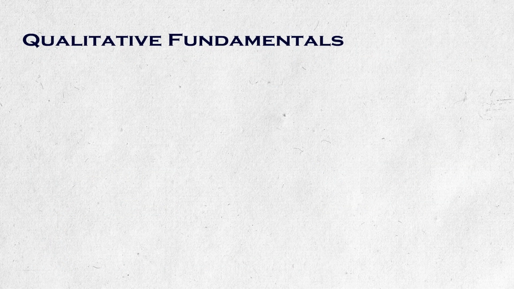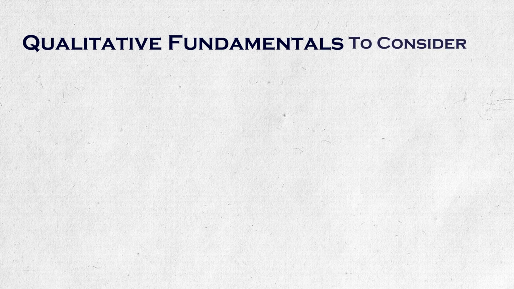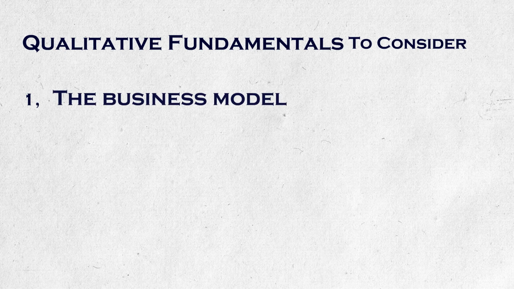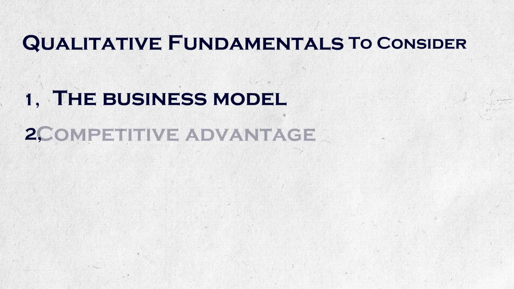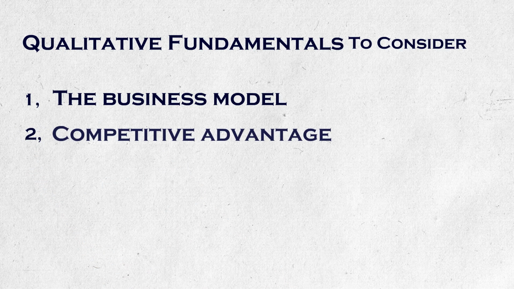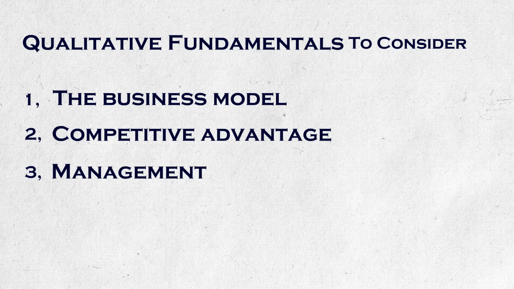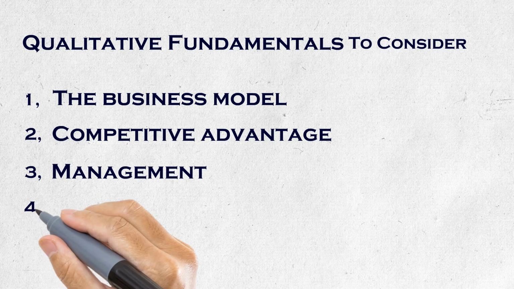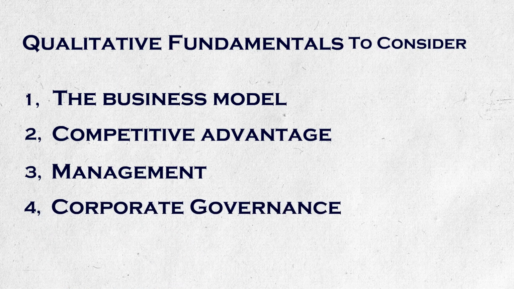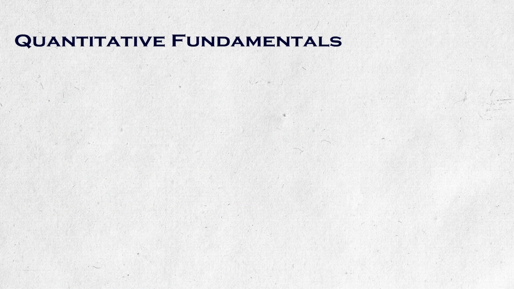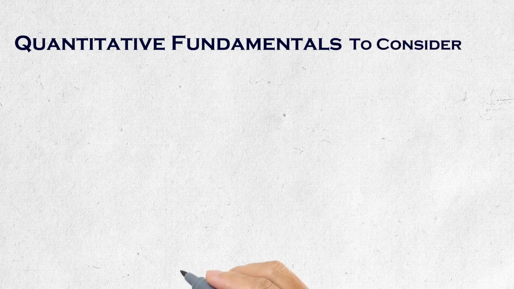First, qualitative fundamentals to consider. 1. The business model should be trustworthy. 2. This is important. Competitive advantage of the company. 3. Management, their professional backgrounds, experience in the industry and so on. 4. Corporate governance. Now, quantitative fundamentals to consider. 1.